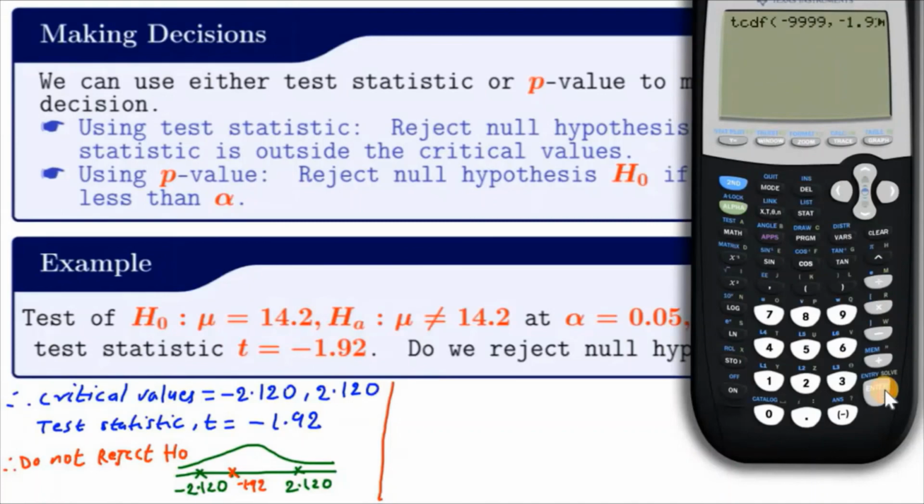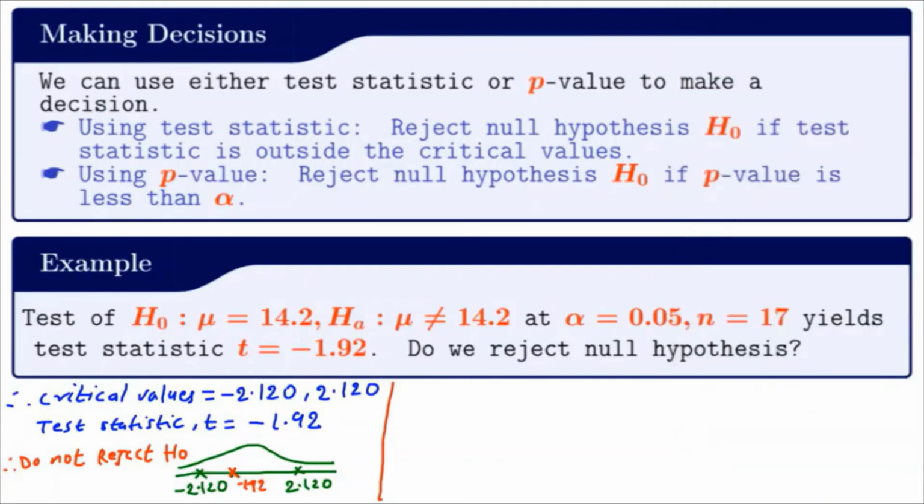And hit enter. So that gives us this number here. Therefore, p-value is 2 times 0.0364, that is 0.0729.